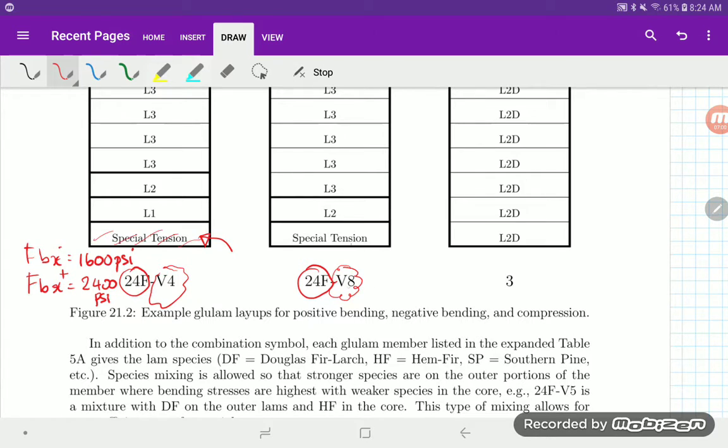But 24F V8, both the positive and the negative bending reference values are both 2400 psi.